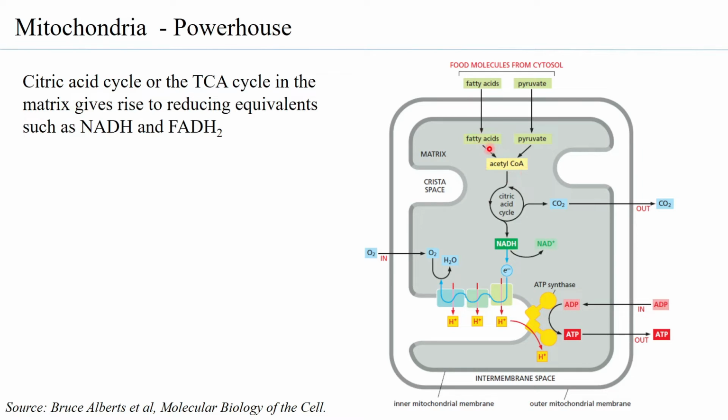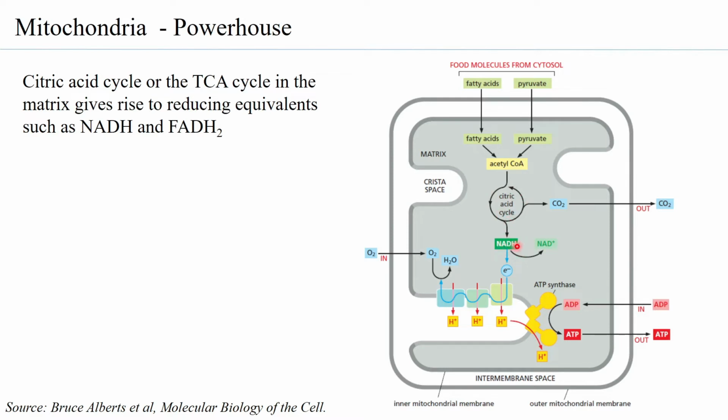Fatty acids are catabolized through beta oxidation such that you get acetyl CoA, and pyruvate through the pyruvate dehydrogenase complex is also able to give rise to acetyl CoA. Acetyl CoA can enter the TCA cycle, or citric acid cycle, and this cycle has several reactions in which NADH and FADH2 are formed as byproducts.